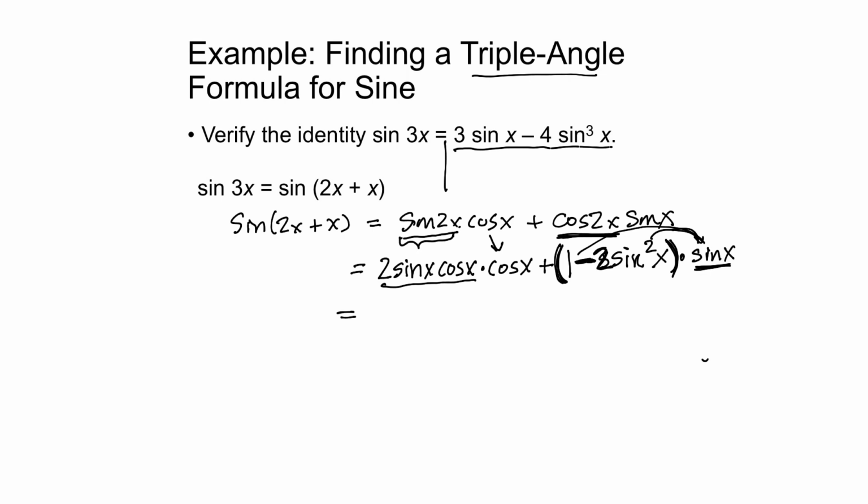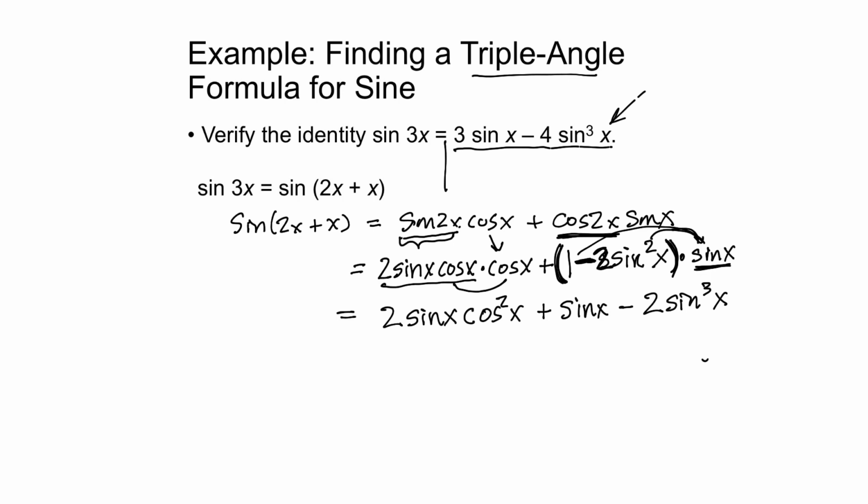So let's rewrite this. Here I can combine these two. It's cosine times cosine. So this is 2 sine x times cosine squared x plus sine x. My sine x times 1 gives me sine x minus 2 sine to the third x, which, looking here, I'm noticing, okay, there's something here that I'm getting close to, right?